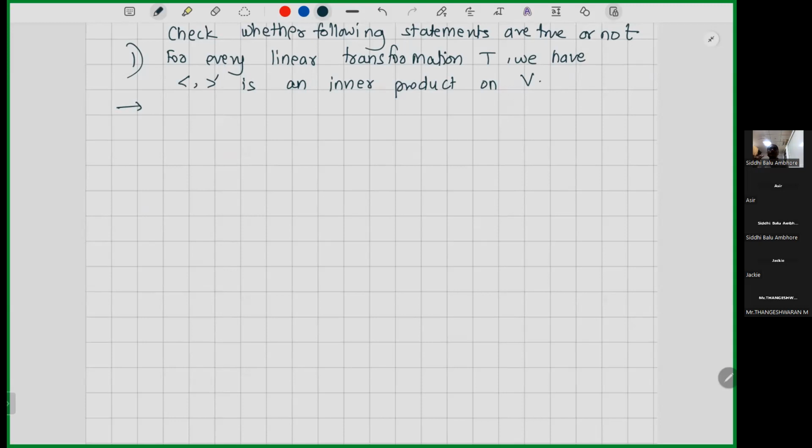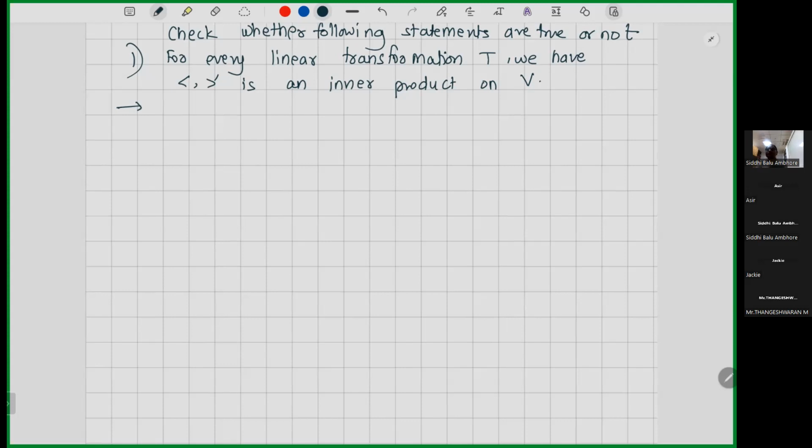So all the three conditions of inner product space will be satisfied for any given T. That's what they are asking. Any guesses? Should be true, right? Because linearity is satisfied.